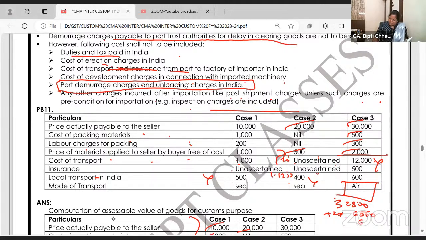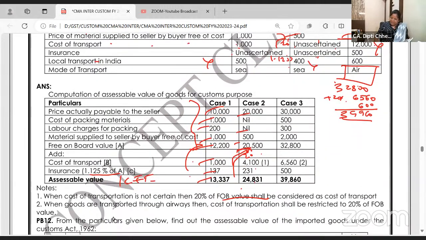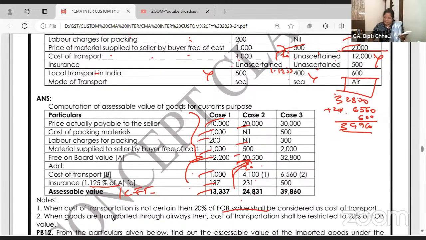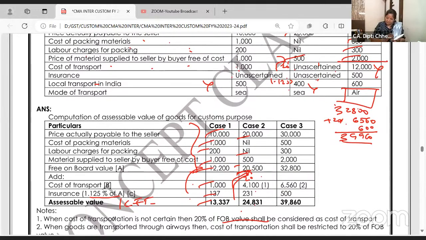Ma'am, we will take the actual insurance, right? So 6,560 plus 600 plus 32,800. 39,960 is the value. Why is there a difference of 100 rupees? 32,800 plus 6,560 plus 600, no?